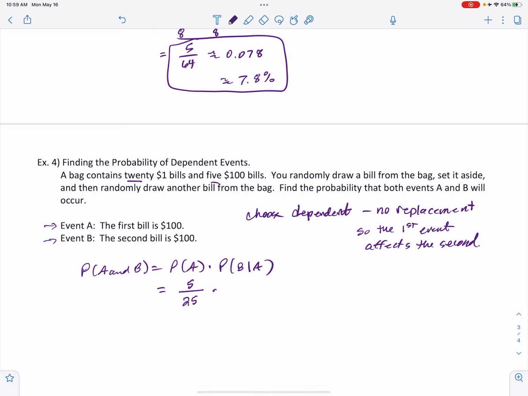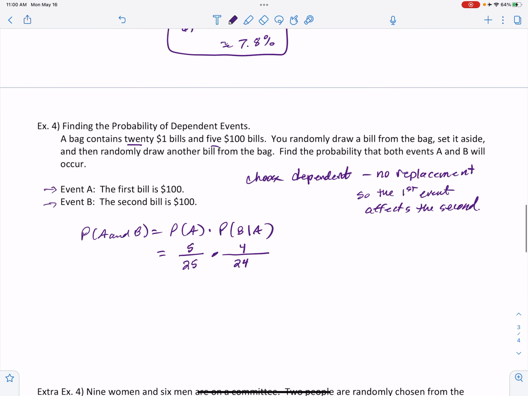Now on the second, given that you got a 100 on the first try and you did not replace it, there are now only 24 bills in the bag, and not only that, there are only 4 hundreds left because you picked a 100 on the first try.